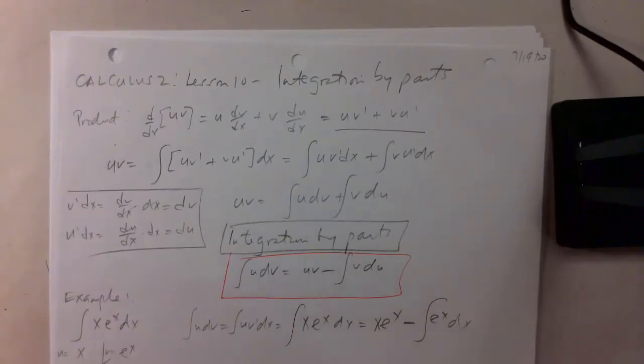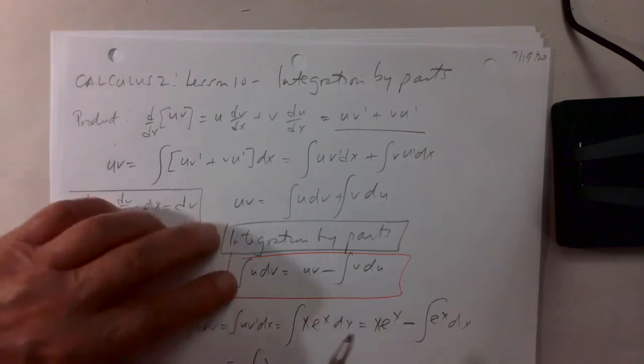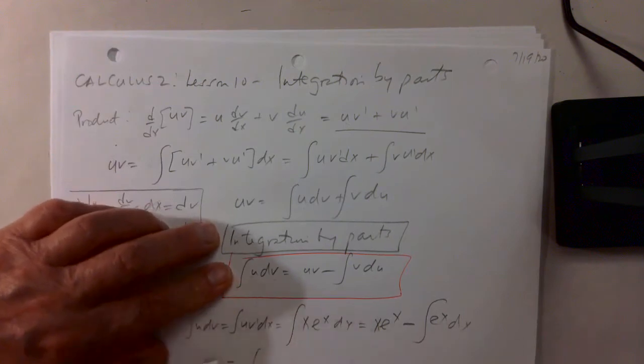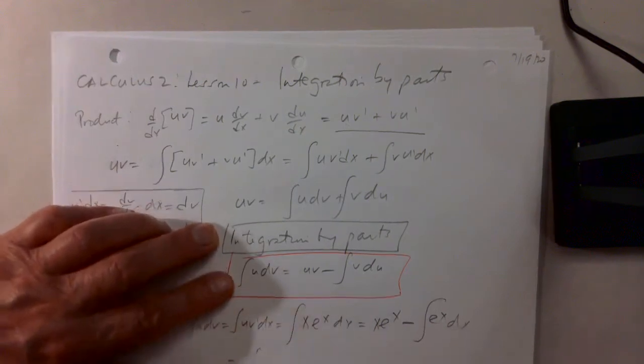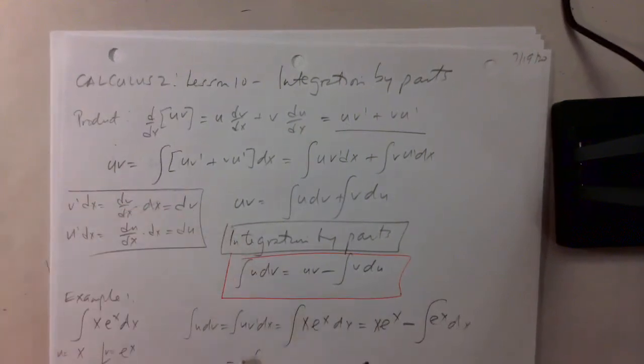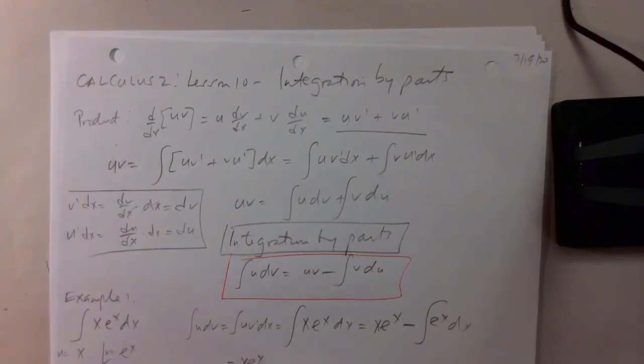But we know the integral of e to the x is e to the x. So we have x e to the x minus e to the x plus a constant.